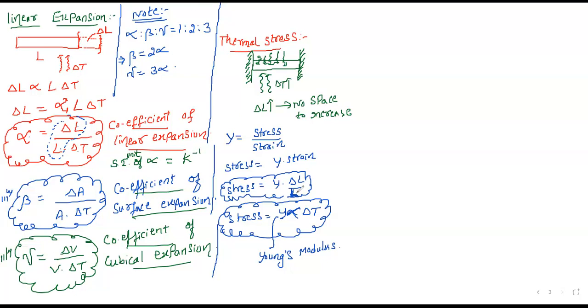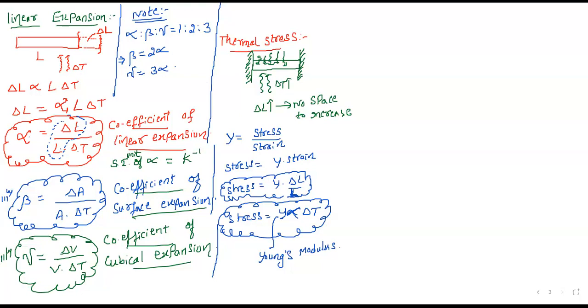The rod will try to increase its length. But you can notice there is no space to increase its length. Because of that, it tries to bend, but the rod cannot bend. So some thermal stress will be developed on the rod, and whatever stress has developed on the rod is what we call the thermal stress. This is very important for 3 marks.